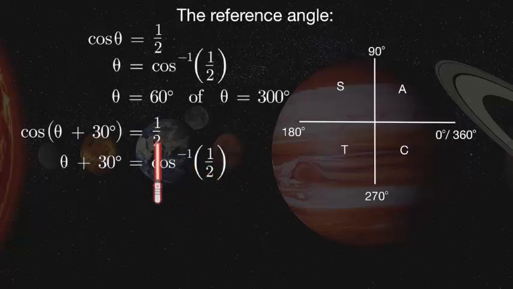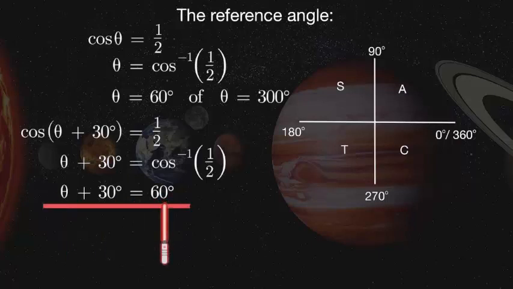Again, once we work out this right side after we move the function as its inverse, we are given an angle. This angle is called our reference angle. That means that this original angle must be equal to 60 degrees.